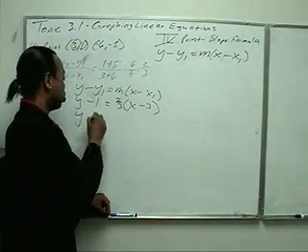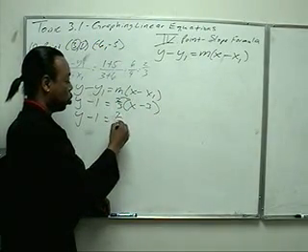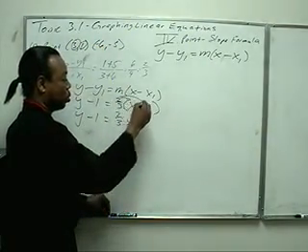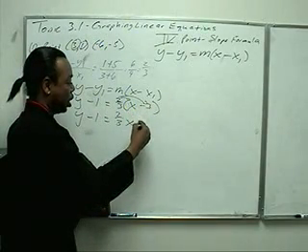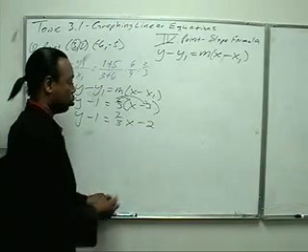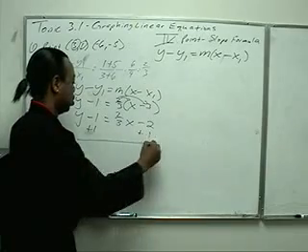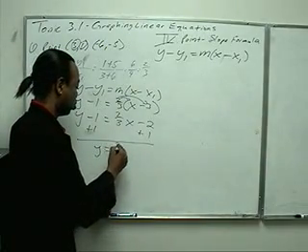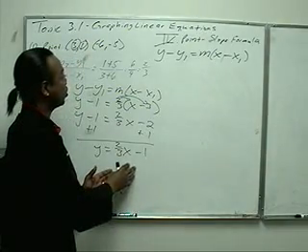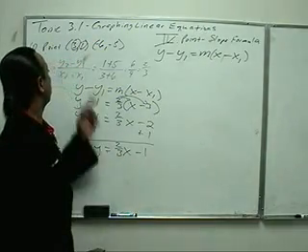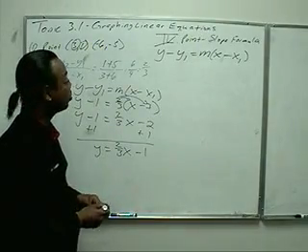Now, I'm going to distribute my 2/3. So 2/3 times x gives me 2/3 x. And my 2/3 times -3 gives me a -2. Then I'm going to add 1 to both sides. And I get y equals 2/3 x minus 1. And this is my linear equation derived from 2 points.